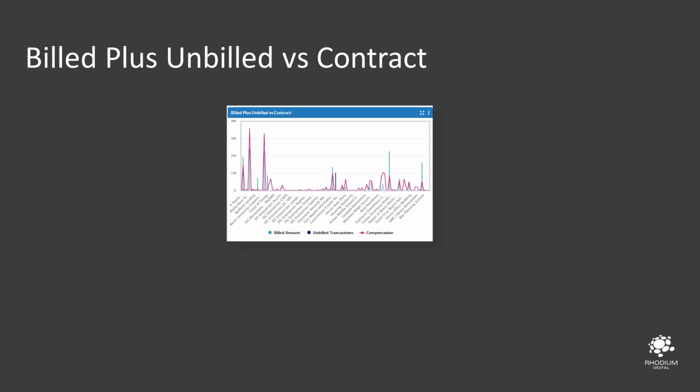Again, the compensation coming from the budget and revenue tab or contracts in the application. Very, very powerful graphical representation to help us understand how we are tracking towards our contract values when it comes to both billed and unbilled transactions at a project by project level.